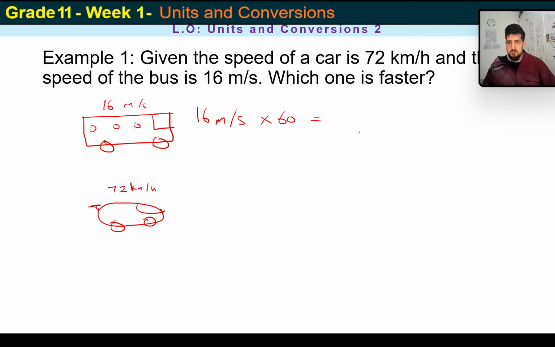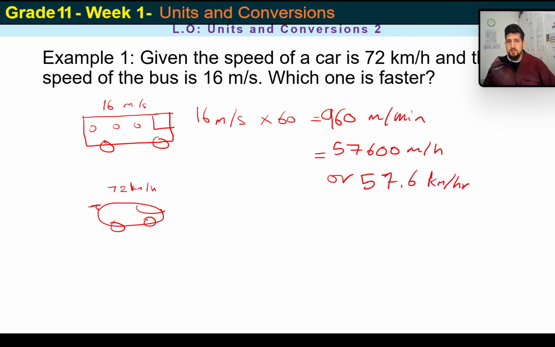And that will give me 960 meters per minute, which multiplied by 60 again equals 57,600 meters per hour, or 57.6 kilometers per hour, which means the car is faster. The car is faster. Okay.